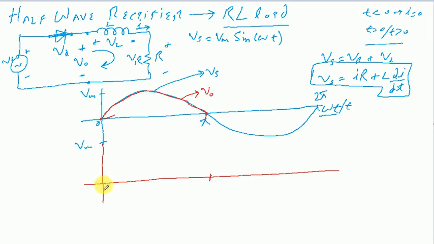So the current will be gradually rising, and the same will be the case with the voltage, that it will also be slowly rising. So this is the current waveform and this is the voltage waveform, slightly higher than that.